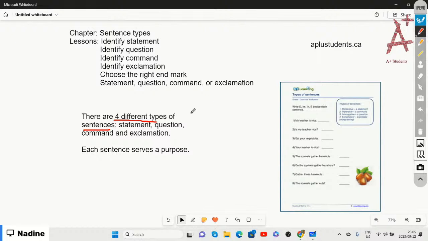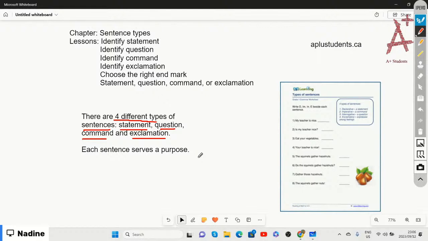And each one of these sentences serves a purpose. Whether it is a statement, a question, a command, or an exclamation, each one of them serves a purpose.